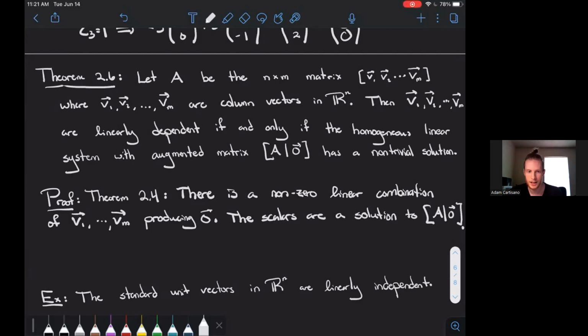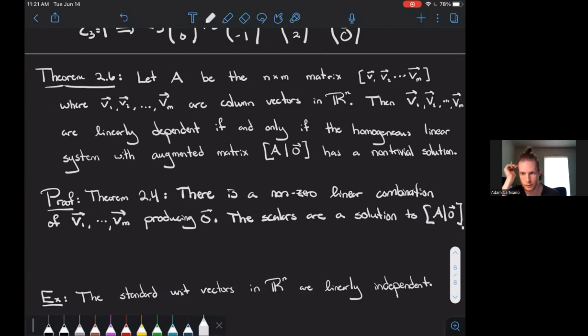But if you read this argument backwards, if you have a non-trivial solution to this system, then by the statement of theorem 2.4, there is a non-trivial linear combination of the columns of A producing the zero vector.